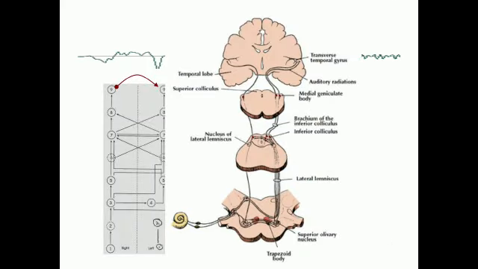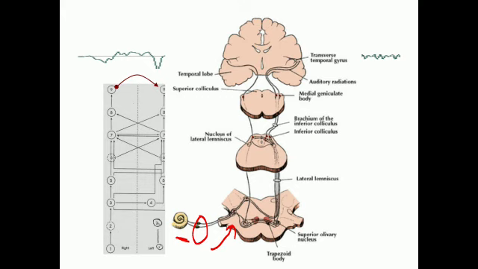So the vestibulocochlear nerve enters into the brainstem. So here is the cochlea from where the afferent nerve fibers from the hair cells arise, and here is the spiral ganglion. The axons of the neurons in the spiral ganglion form the cochlear division of the vestibulocochlear nerve.